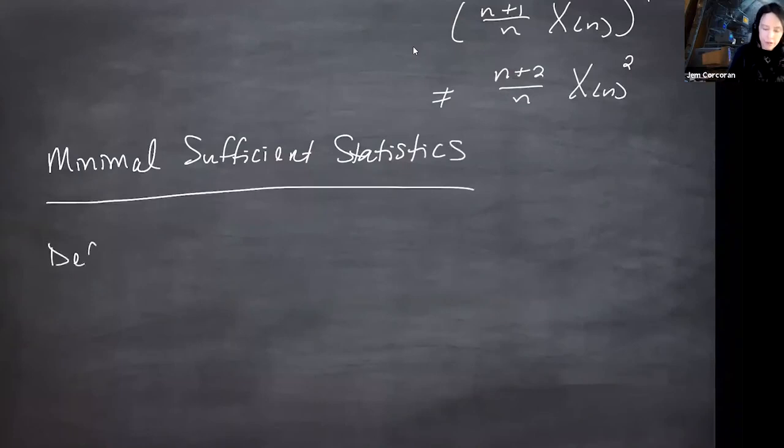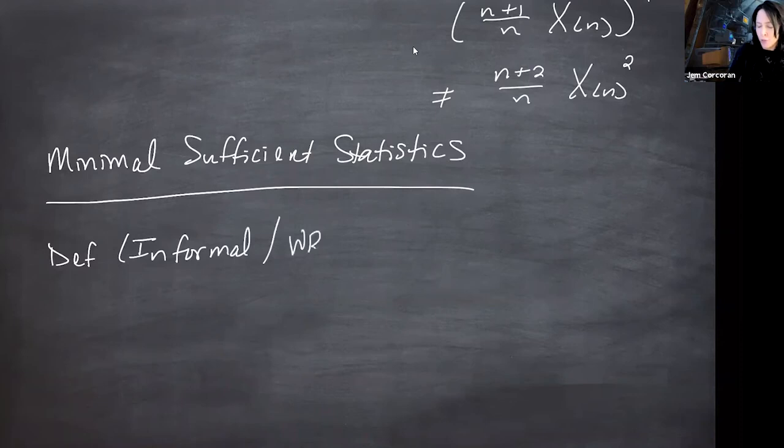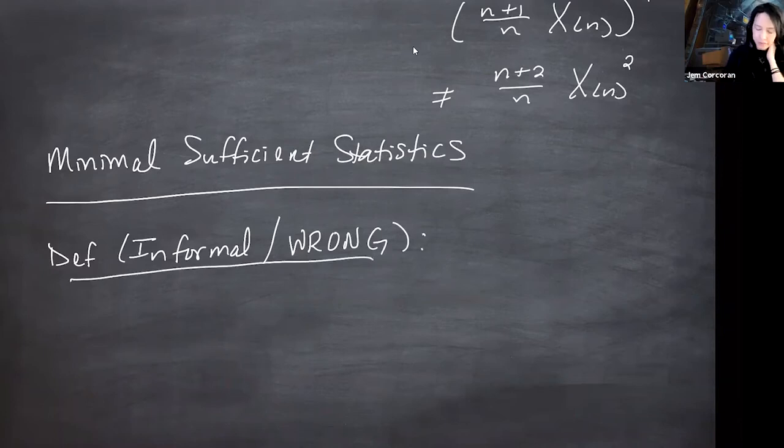The informal and actually wrong definition, but it will probably work for you most of the time, but I'll give you an example as to why it's wrong, is that you have a model, you have X1 through Xn, and they have a joint PDF.